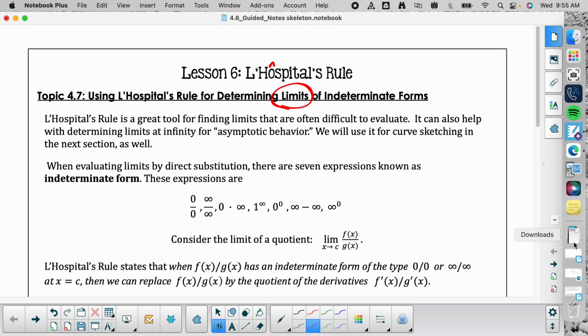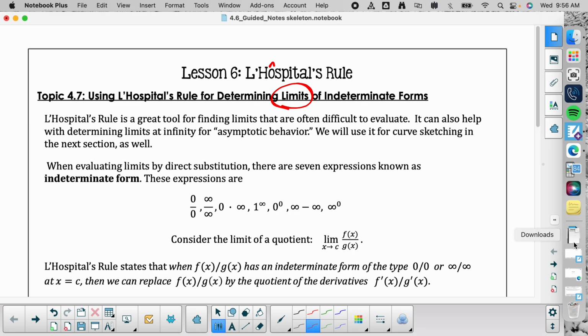So here's the weird part of this topic. We can't teach this to you in the limits unit, because to be able to use L'Hôpital's rule, you have to do derivatives of limits. So this is actually a good thing. This makes a lot of the limits that you learned the first time a lot easier.